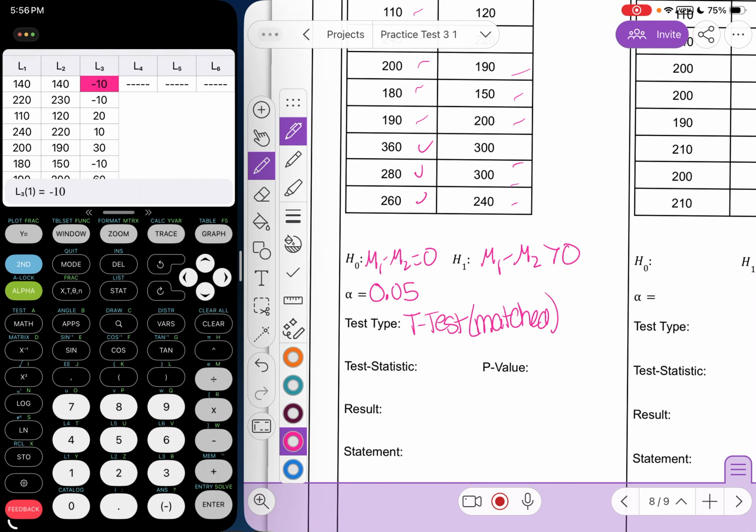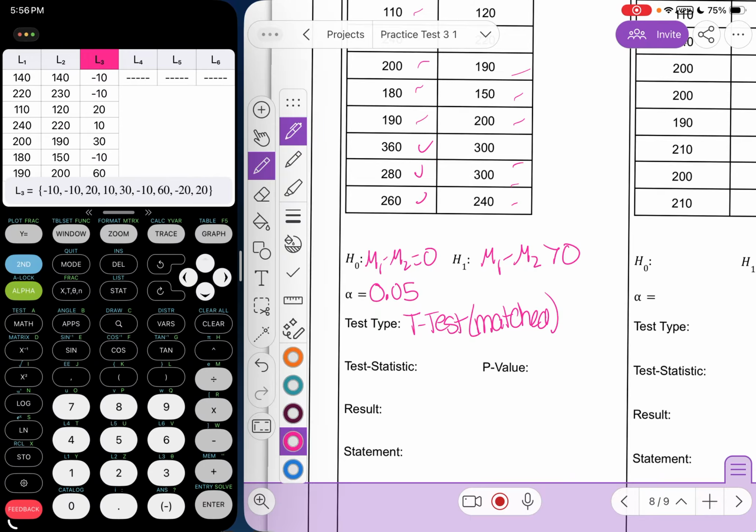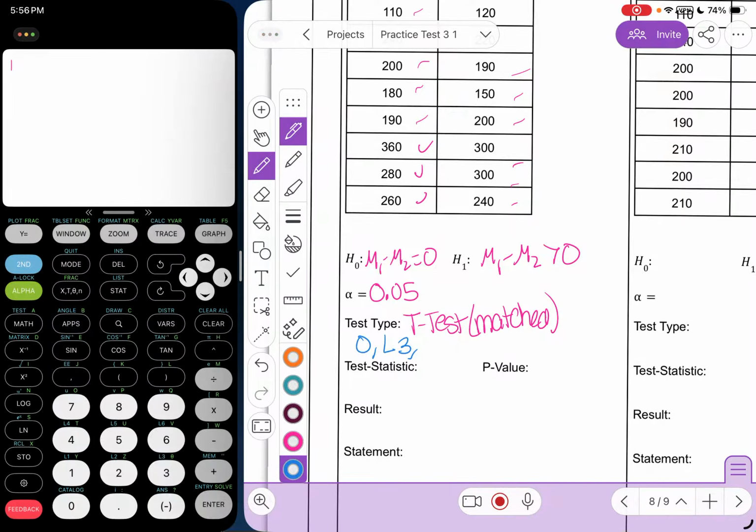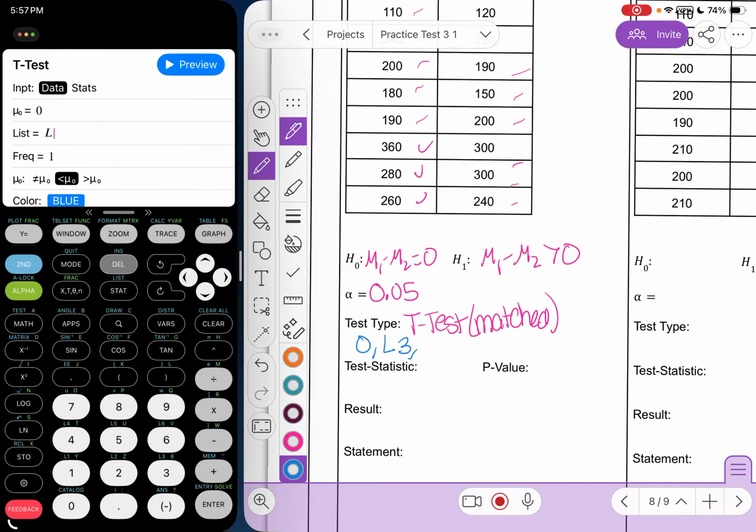So, what did I do? I did something. I gotta go do that again. L1 minus L2. Okay. Stat, tests, t-test. This time I'm going to choose data. My mean is 0. I'm going to do it with L3 so that I make sure I use the subtracted data. L3. Frequency is 1, and I'm going to choose greater than.